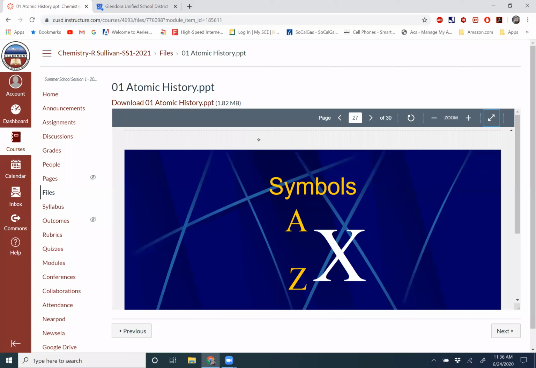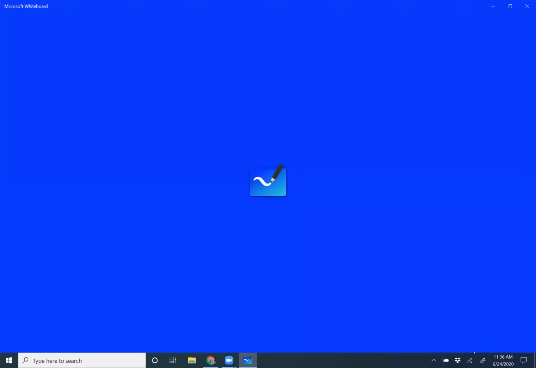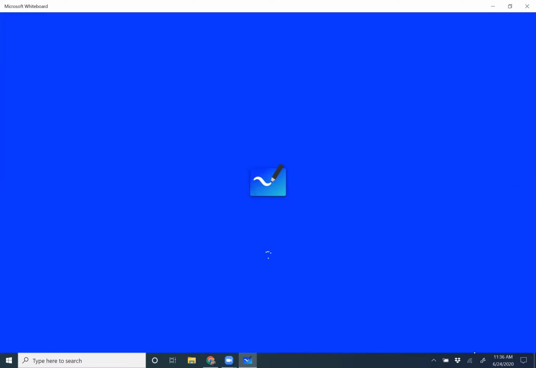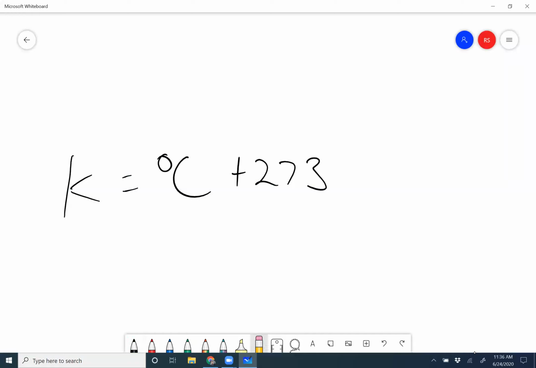So let's just look at their symbols real quick. So anyway, we have electrons. They have the symbol e minus, and they are -1 in their charge, and they weigh 0 AMU.